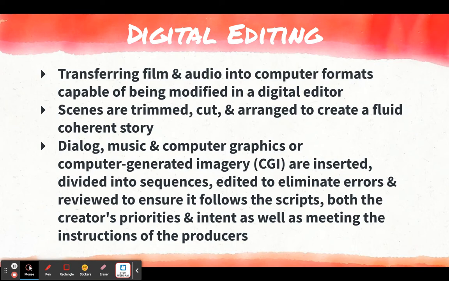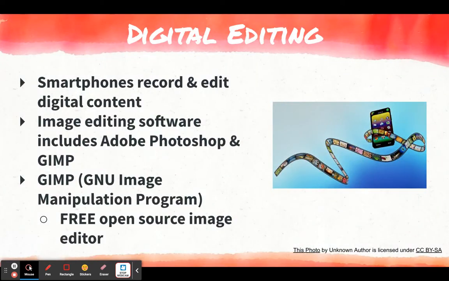Dialogue, music, and computer graphics, or CGI, computer generated imagery, are inserted into different sequences in different frames, and they can be edited to eliminate errors, review it, follow scripts. You can be creative and go off script. This is usually what film producers or video producers use to create a story. You can also record on smartphones and edit the digital content. It's a little tough because it's such a small screen.